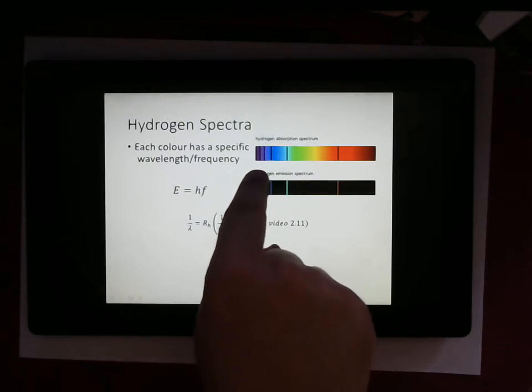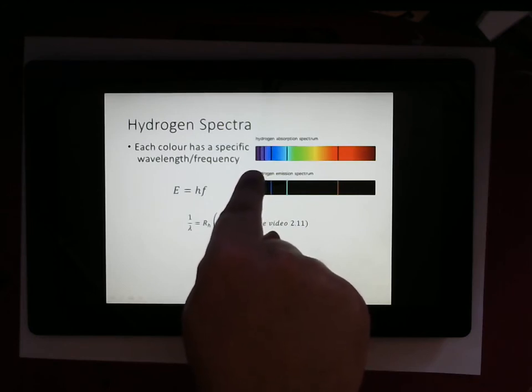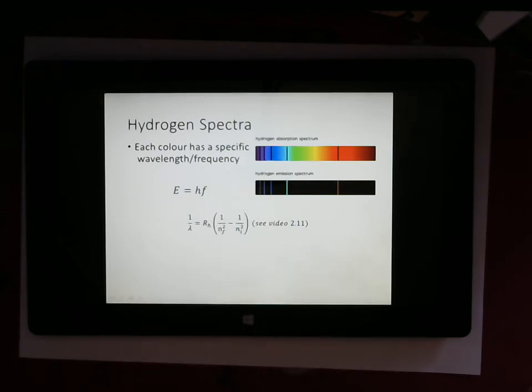Chuck that in and we get the wavelength that's coming out of it. Now if it comes out negative, it just means that it's being absorbed rather than being emitted. The next one here would be 4 to 2, then 5 to 2, 6 to 2, 7 to 2. We could plug all those in and get some value.